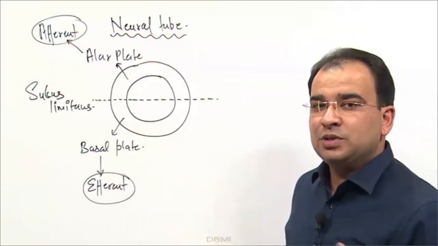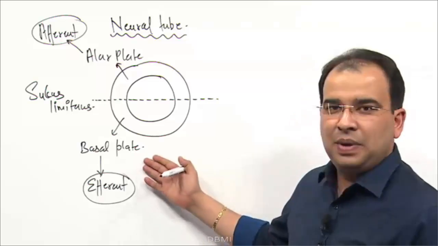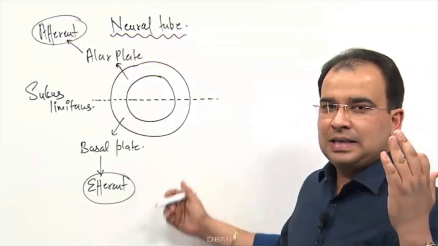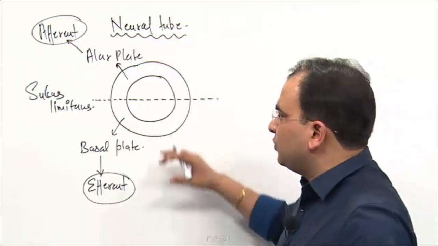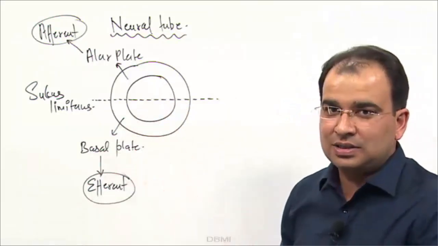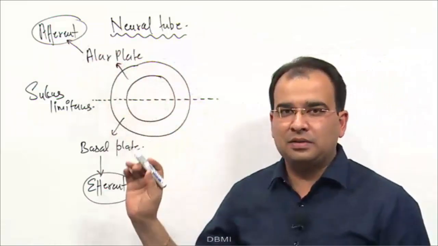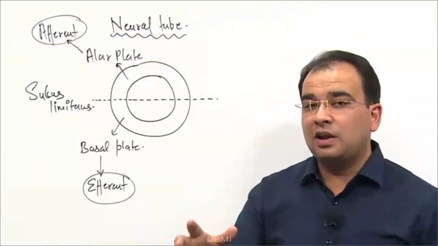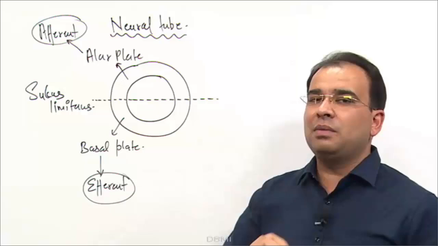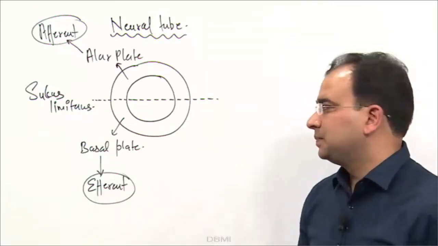If I say abducens nucleus, again it is a motor nucleus from the basal plate. If I say nucleus of tractus solitarius, it is for taste sensation, a sensory nucleus, so it will be derived from the alar plate. When you look at your question bank, you will find many questions regarding which of the following cranial nerve nuclei is from the basal plate and which is from the alar plate. The only thing you have to decide is whether it is sensory or motor.